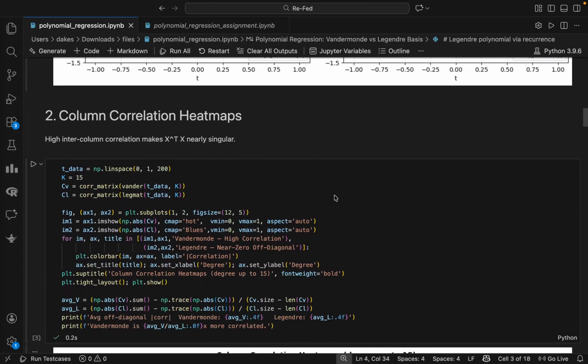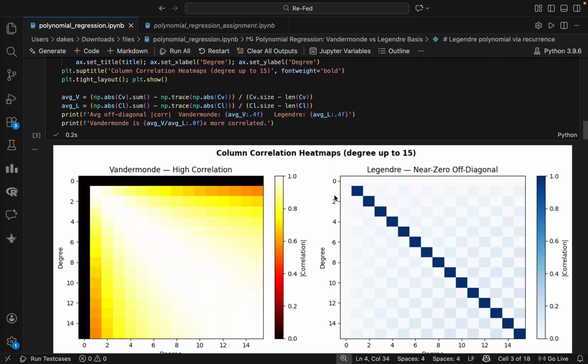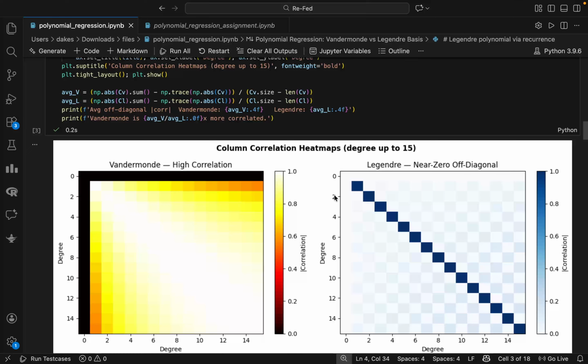Now let's move on to the heat maps for these polynomials. The next plot makes the column similarity problem more concrete. We compute the Pearson correlation matrix between the columns of the design matrices for degree up to 15. Ignore this 0 degree term.